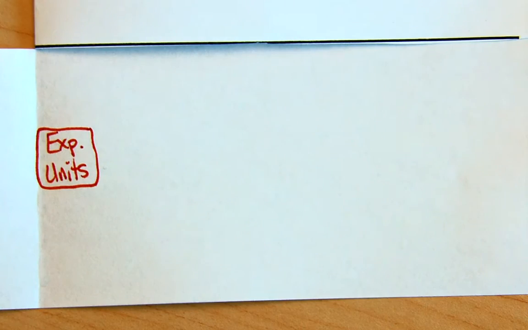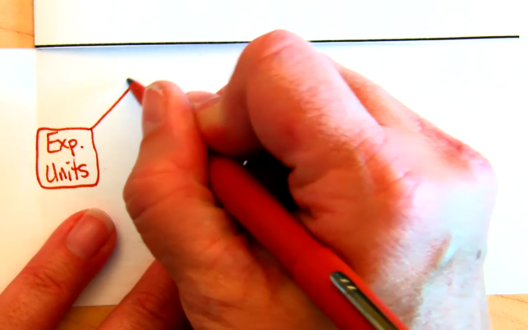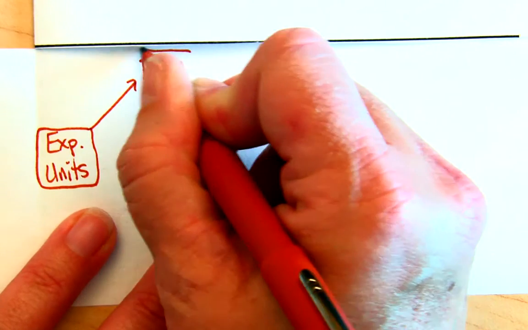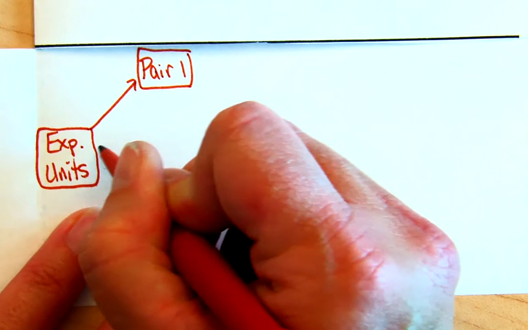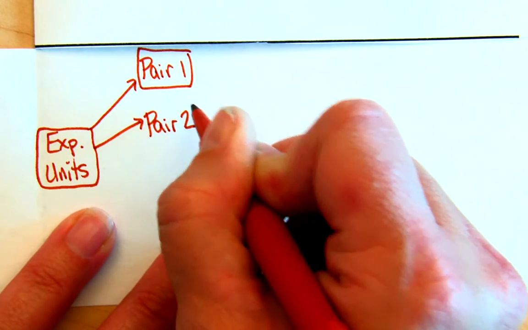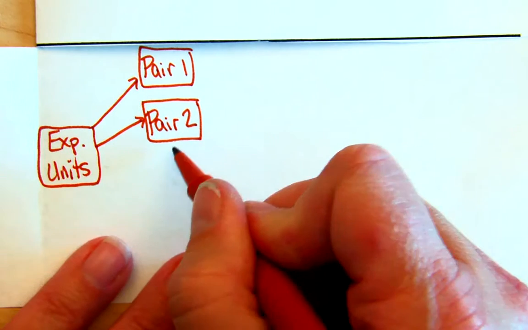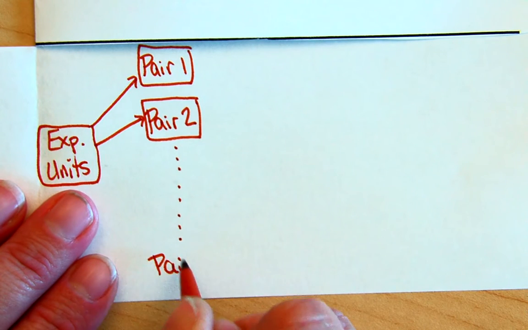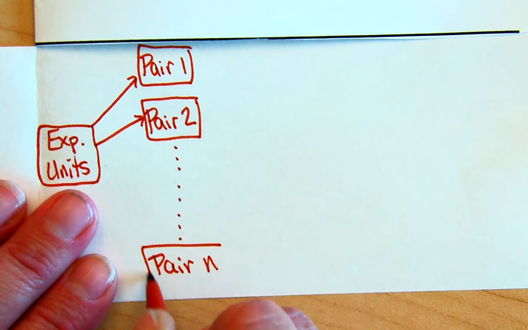And now, instead of putting them into blocks, we're going to put them into pairs. This is a matched pair. So we're going to put pair 1, and we would keep going. I'm not going to write all of them, all the way up to pair N, depending on how many we have.